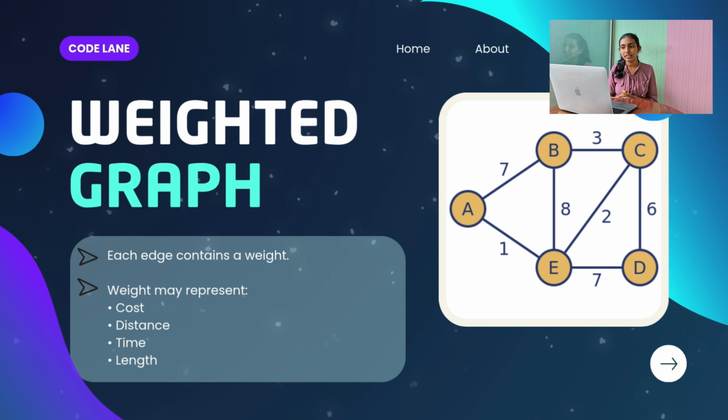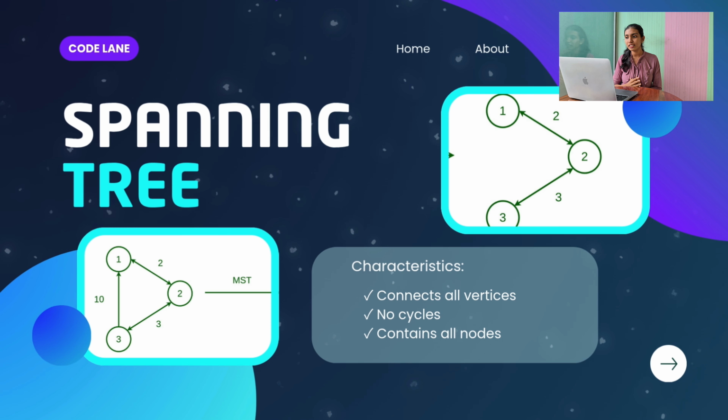The presence of weights helps us compare different connections and determine which connections are more efficient. Kruskal's algorithm uses these weights to decide which edges should be selected first. The algorithm always prefers edges with smaller weights because its goal is to minimize the total cost of the network.